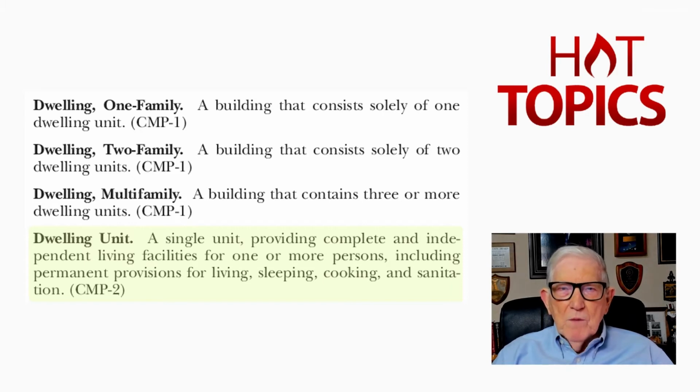It's a permanent cooking where you'd have a range, cooktop, oven, that kind of thing. So these are the defined definitions of a one family and two family dwelling. Now, with that in mind, we're going to move to the next illustration and get into the presentation of the video.